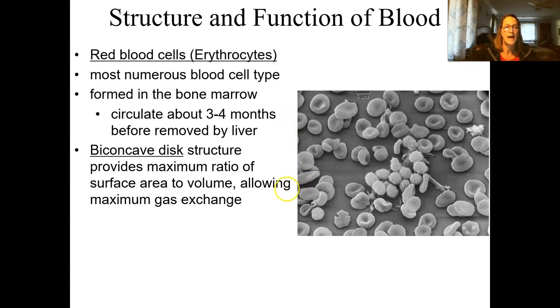They have a biconcave disc structure, which means they are sort of disc-shaped, but they are concave on both sides, almost like a donut, but the hole isn't all the way poked through. This structure actually increases the surface area to volume ratio, which helps with gas exchange since that is their main function.